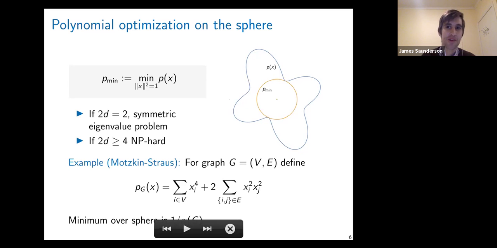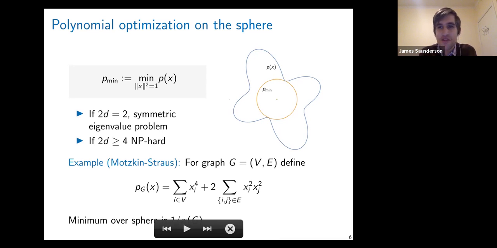And just to give you an example of the kind of weird and wonderful things that are in here, and this is essentially due to Motzkin and Strauss, though they don't write it this way, it's a very standard example. With any graph G with vertices V and edges E, we can associate a quartic form, by summing over the vertices x_i to the 4 plus something to do with the edges. And it turns out that the minimum of this form over the unit sphere is in fact 1 over the size of the largest independent set in the graph.